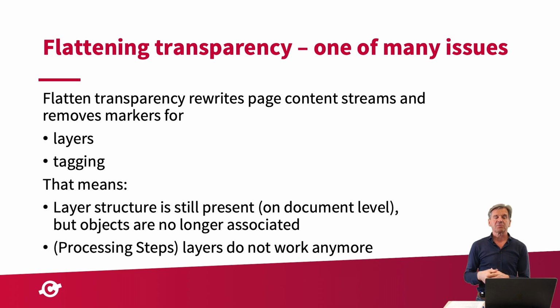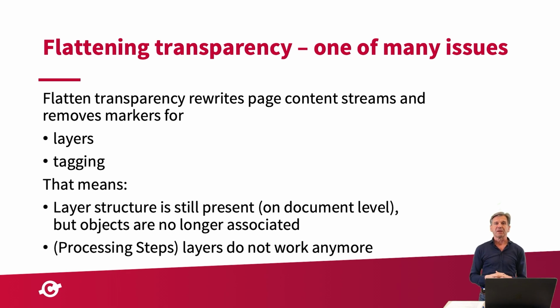So there is a layer structure on document level, and when you draw an object, that object is put onto the layer by means of a marker in the content stream. Since the content stream is being rewritten totally when transparency flattening is applied, all these markers go away.